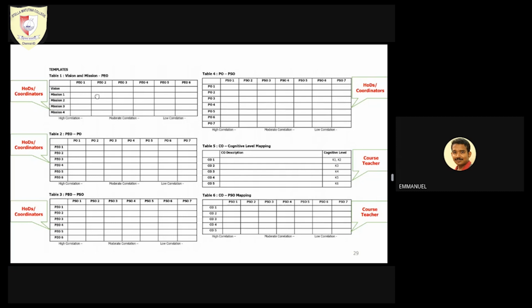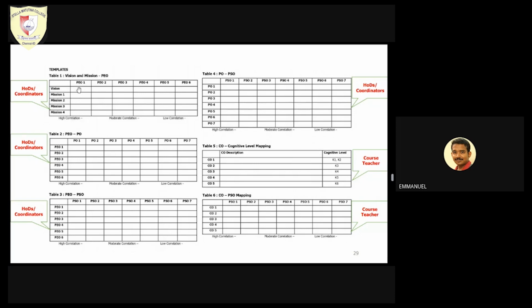after getting the opinion from experts, calculate how many high correlation entries have been given in this first table. Count the number of high correlations, whether you are following the alphabet H or some number which corresponds to high correlation.